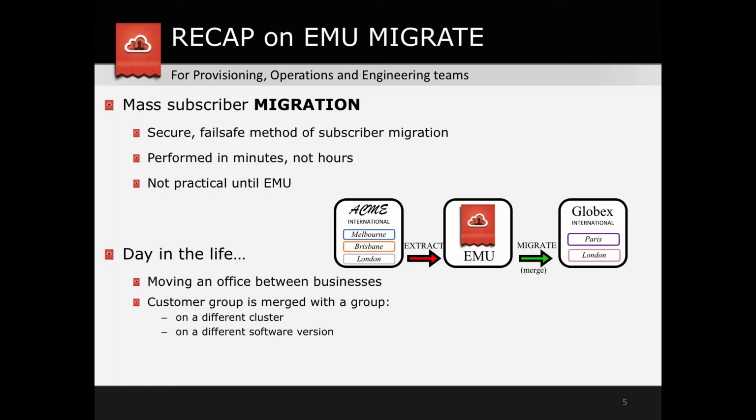They've got 3 offices local to us, Melbourne, Brisbane, another in Europe in London, and recently Acme International has decided to sell off its London office to Globex International. They're going to merge the Acme International office with the Globex International office, and we're going to step you through how EMU facilitates that in the BroadWorks environment.